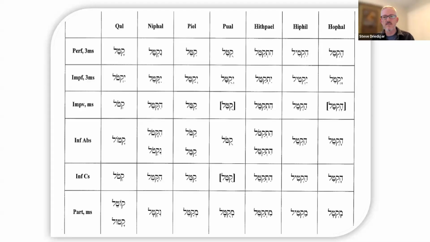It doesn't give you all of the conjugations, but it shows you, for instance, if you just look across that top row, the third person perfect qal stem, you have qatal. Now, if you look at the next one, it's the nifal stem.